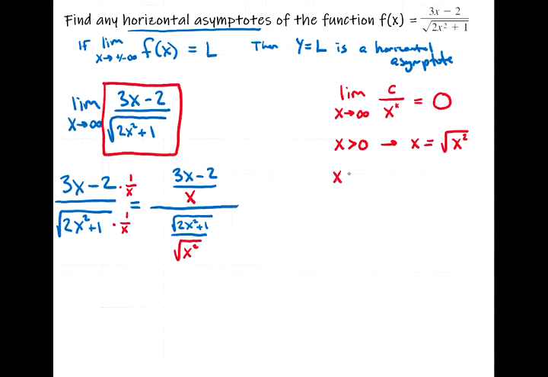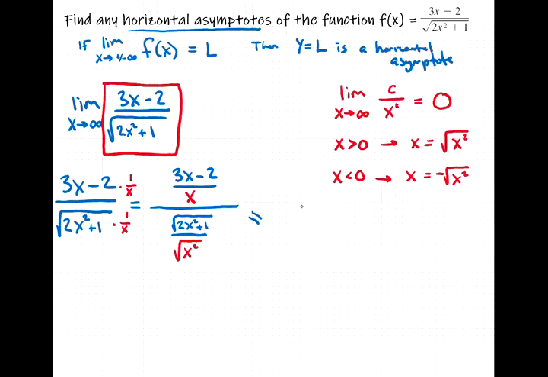If x is negative, x squared is always positive, so we can't say x equals the square root of x squared, because if the left side is negative, the right side is always going to be positive. So we need a negative sign to balance that off. For negative numbers, the square root of x squared is equal to negative x, or x is equal to negative square root of x squared. But since right now we're doing the limit as x goes to positive infinity, we know x is a positive number.